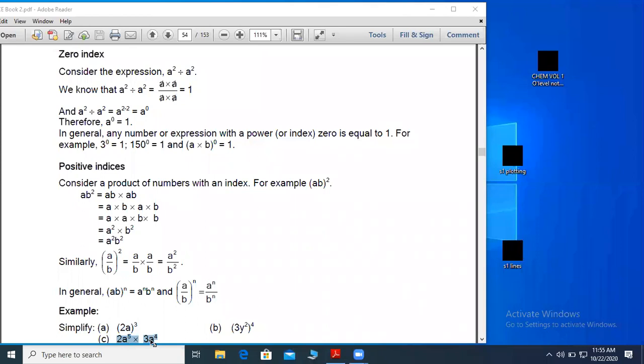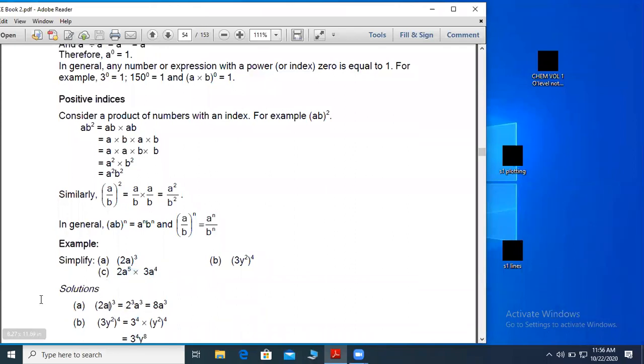The 2 and 3 are just multiplying factors, so I want you to get 2 times 3, the answer is 6. Now deal with a to power 5 times a to power 4. What is the answer there? I think it's a to power 9. And 2 times 3? 6. So the answer is 6a to power 9, as simple as that.